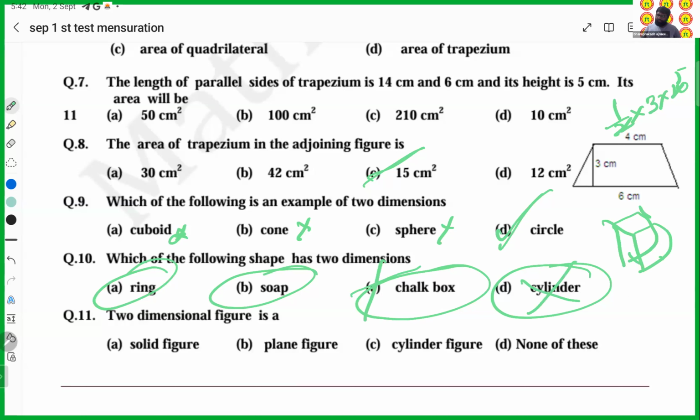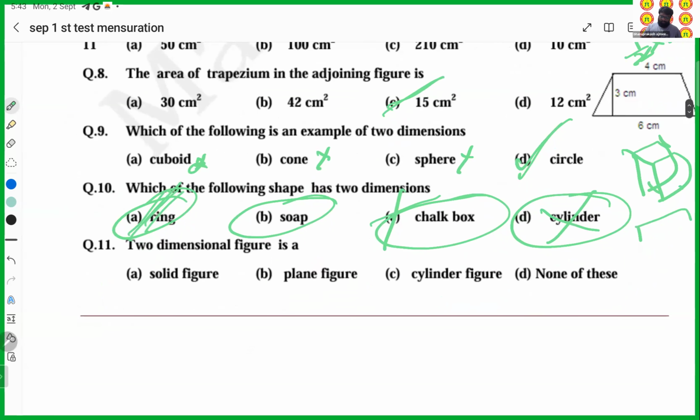Soap is a cuboid, like any soap, Medimix or Mysore Sandal soap, that is a 3D shape. The ring has only two dimensions, so the ring is the answer.